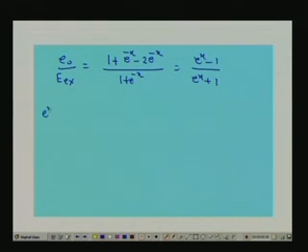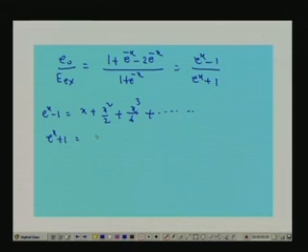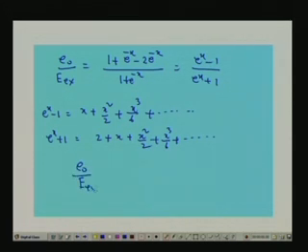Now, e to the power x minus 1, we know, is x plus x square by 2 plus x cube by 6 plus so on, and e to the power x plus 1 is equal to 2 plus x plus x square by 2 and so on. So, I can write here that E naught by Ex will become x by 2.